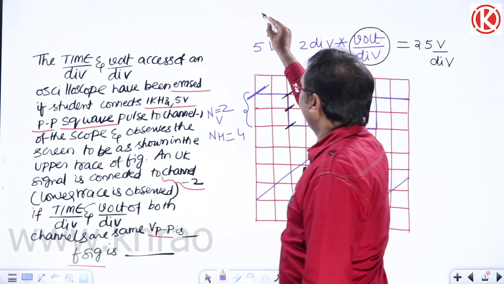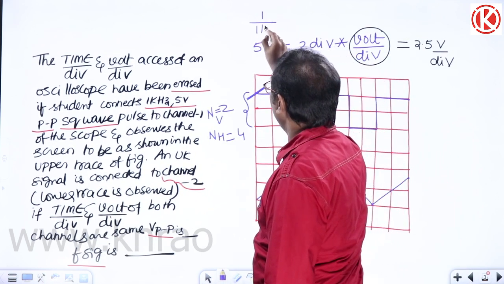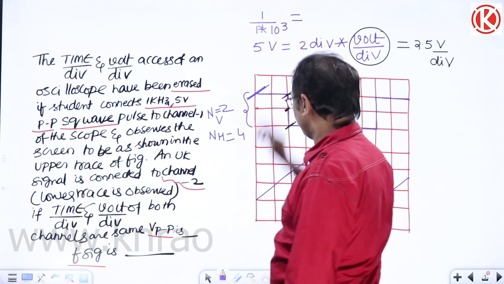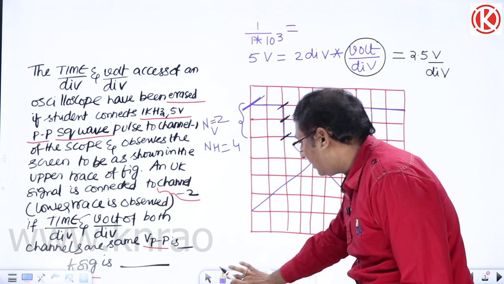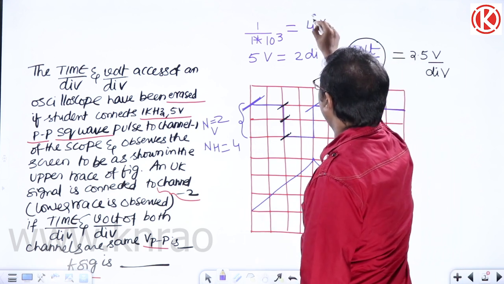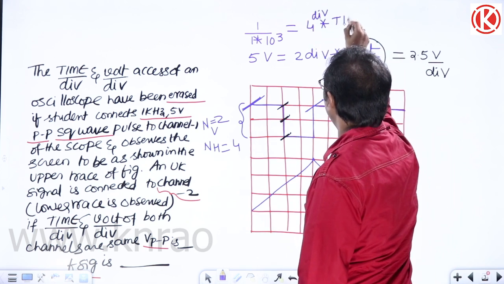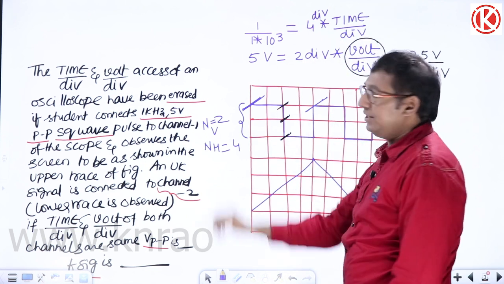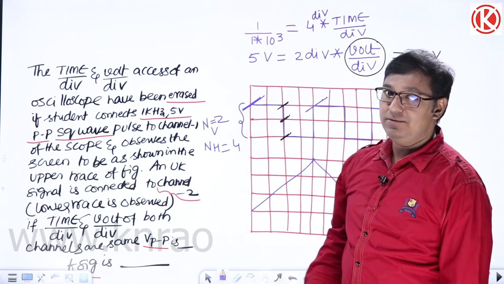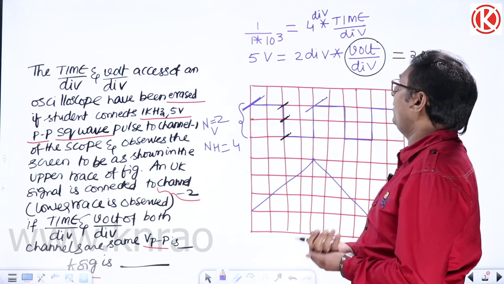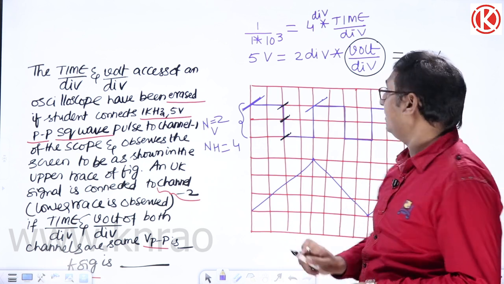Yes, 1 by 1 kilohertz. 1 by 1 into 10 power 3 equals the number of horizontal divisions, 4 divisions, into time per div. So 1 by 1 into 10 power 3 is 10 power minus 3.